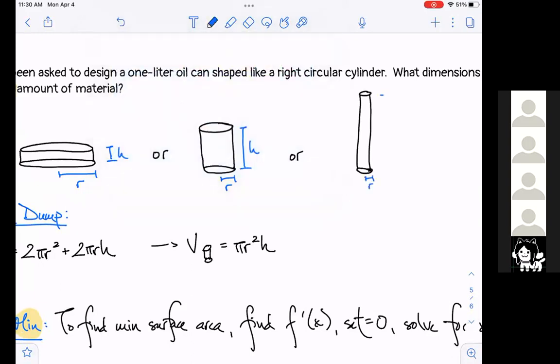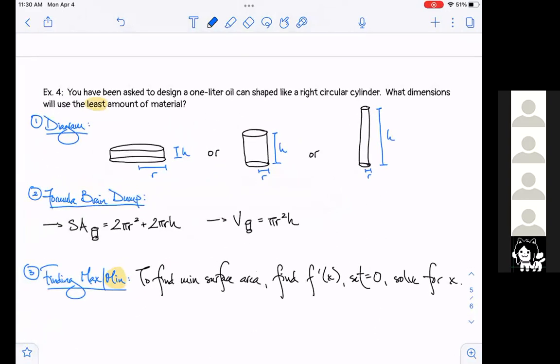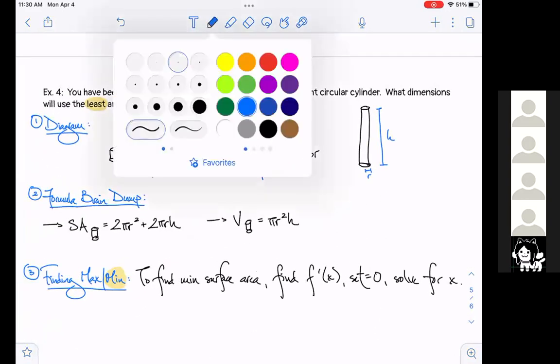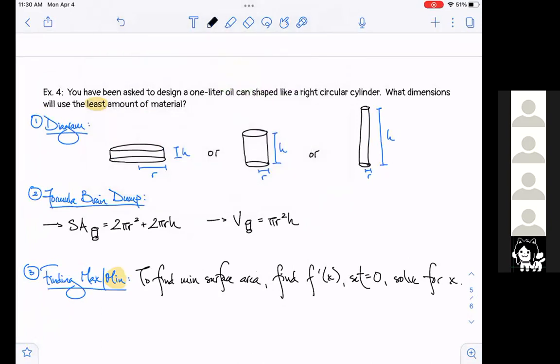This is the radius, and this is the height, right? So I think drawing all these pictures is just to say it doesn't matter. It doesn't matter how tall your cylinder is in the picture. It doesn't matter how big the radius of your cylinder is in the picture. Draw a picture of a cylinder and label it, okay?